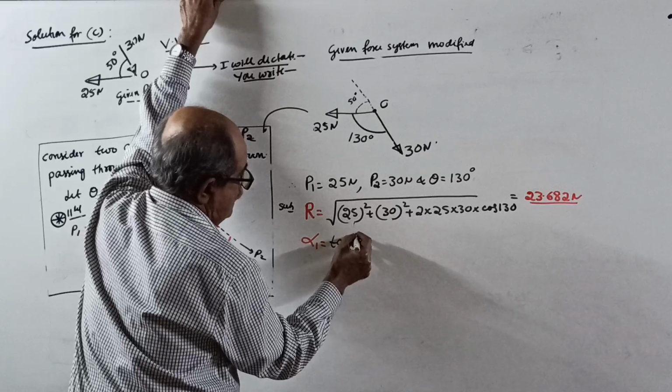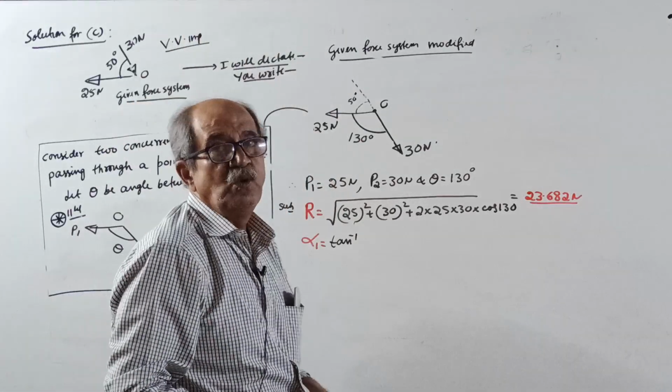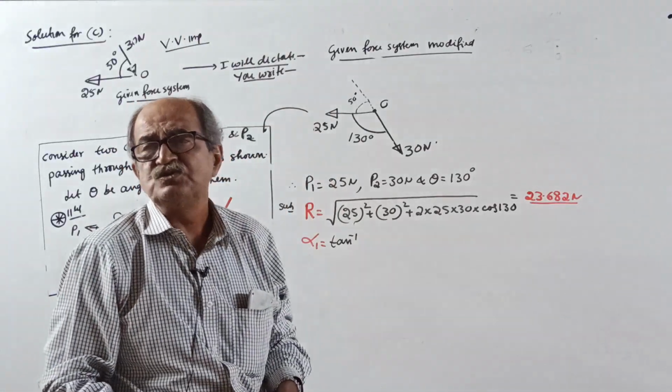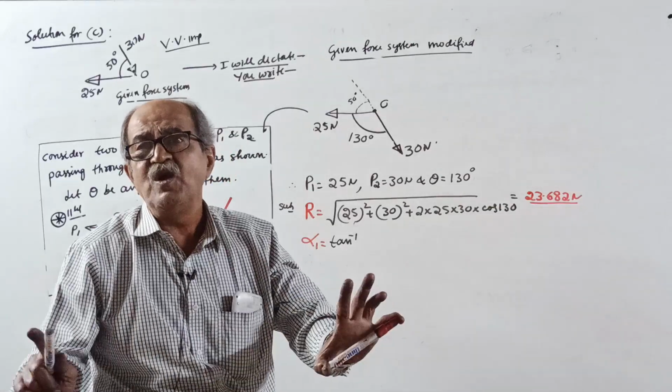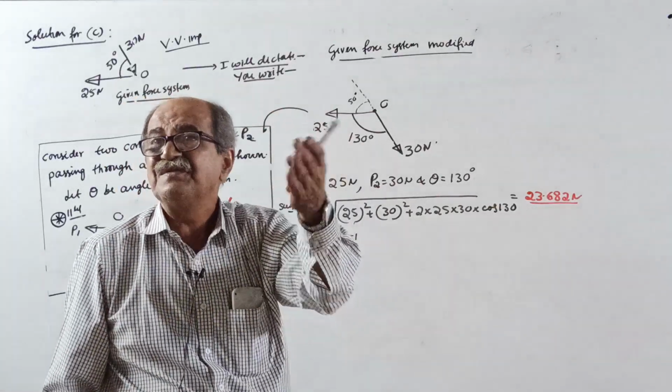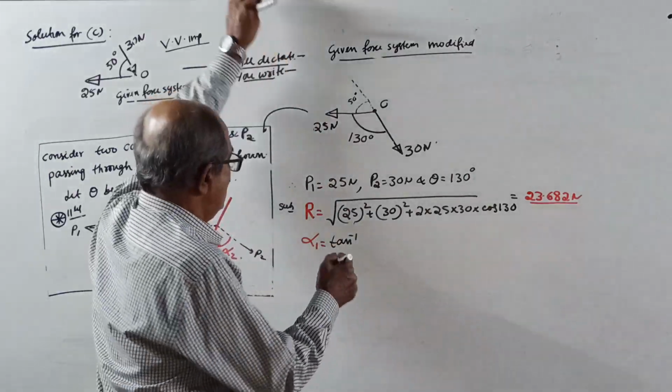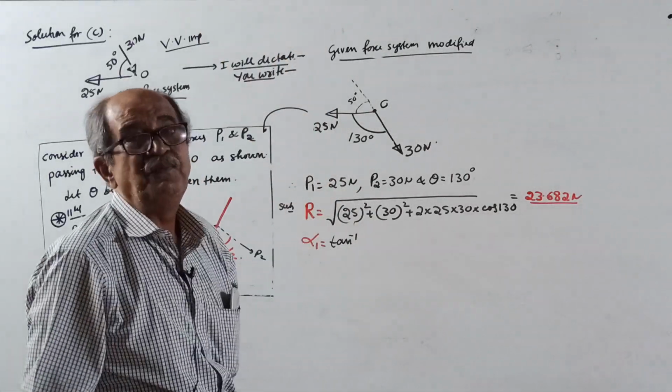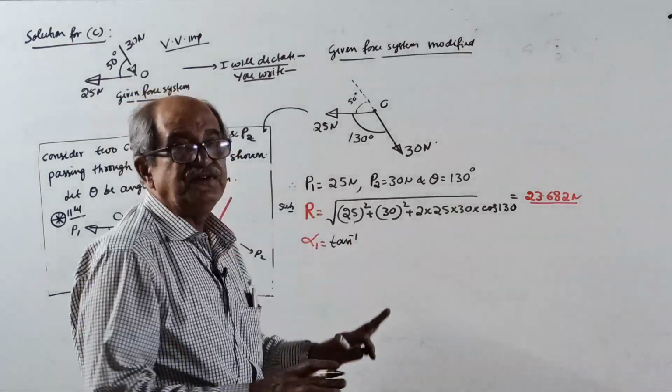Now alpha 1 is tan inverse of. I told you for alpha 1 or alpha 2, sometimes a negative sign will come. Today it will not come. I have set the question so that it will come in the next class where more concepts are there. At a time, you should not get confused. You should go in a systematic way.